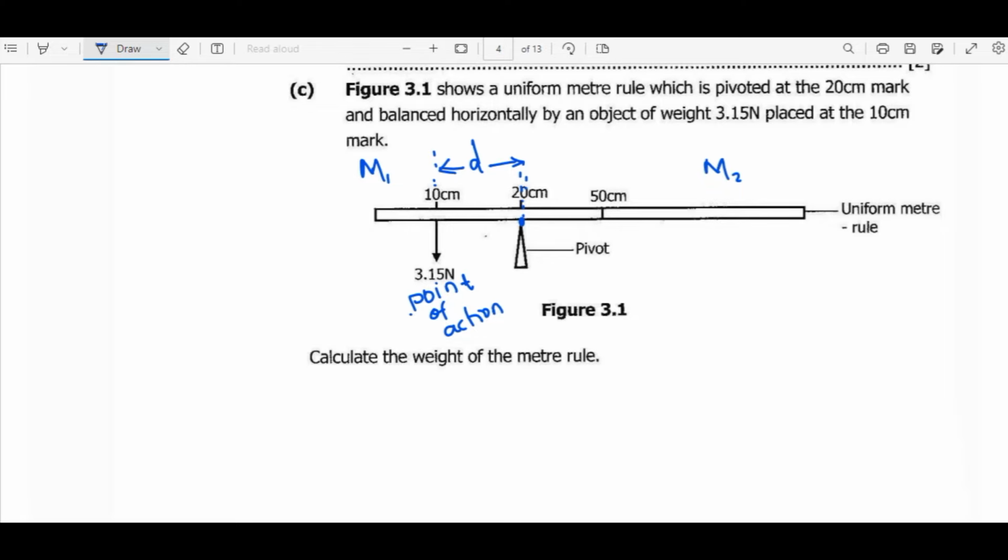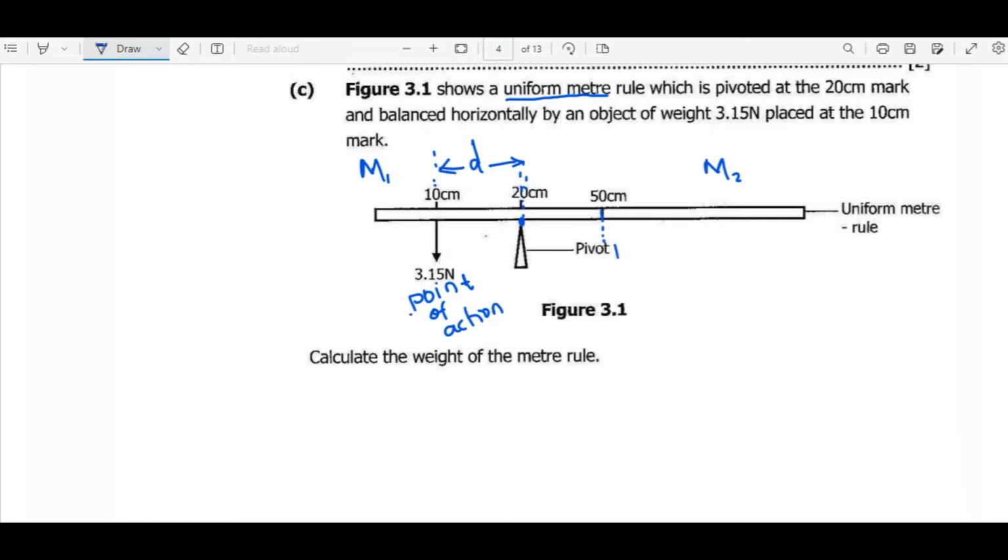Now weight. How can we find this? Since this is a uniform meter rule, at 50 centimeters is where we consider the center of gravity, in our case the center of mass, since mass is related to weight.